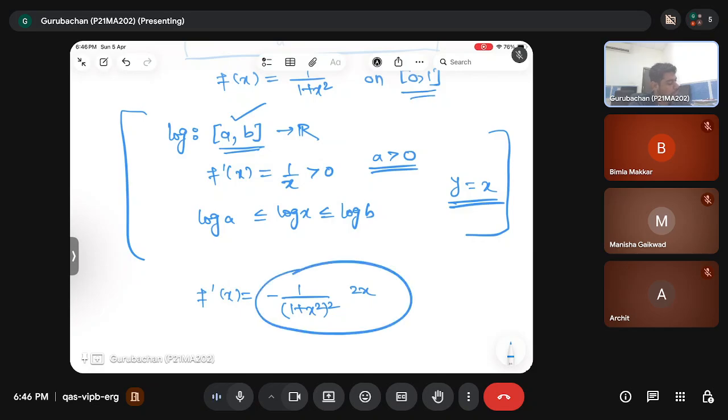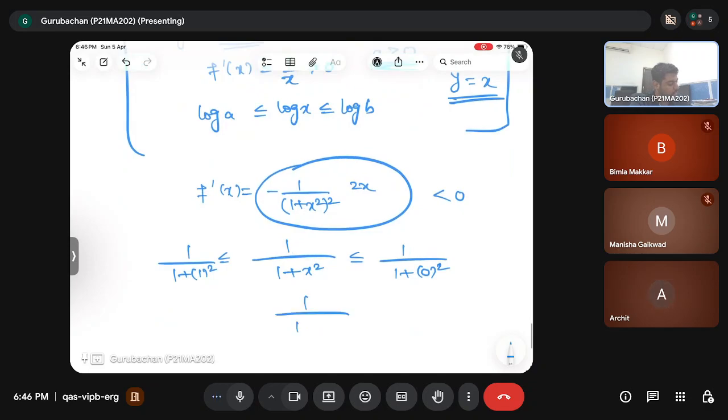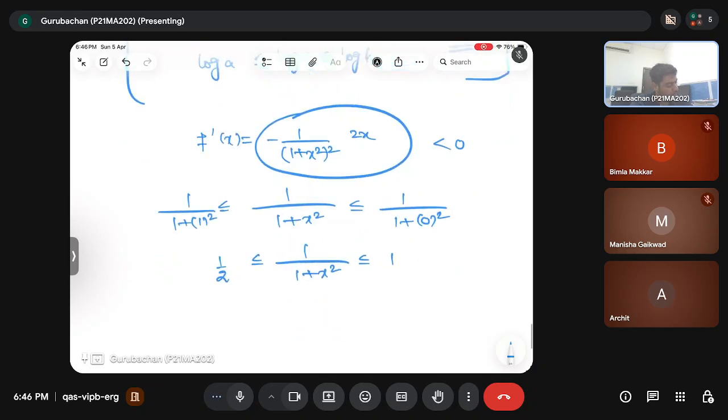So a decreasing function will attain its maximum at 0 and minimum at 1. So if this lies between 1 to 1 by 2, then its maximum value will be from 0 to 1, right? Yes, sir.